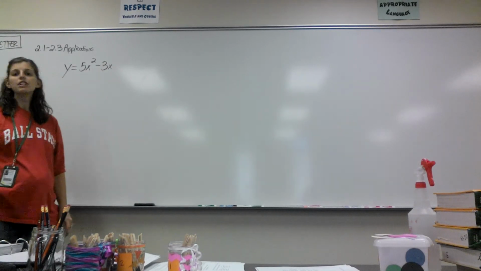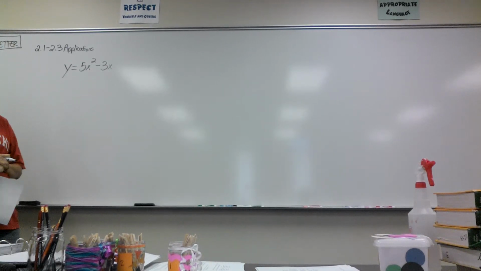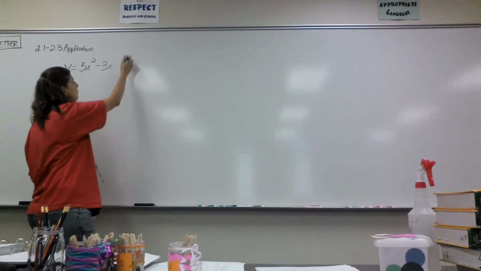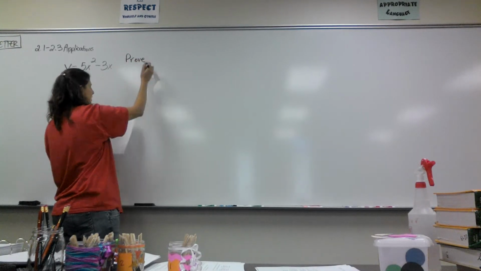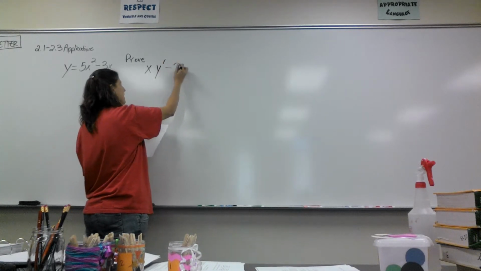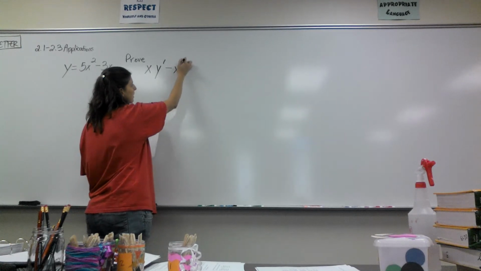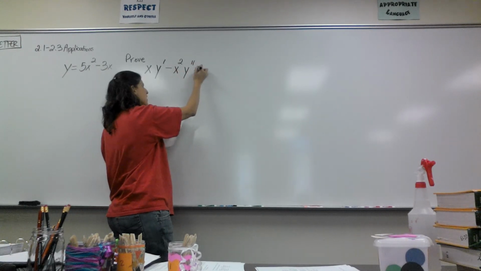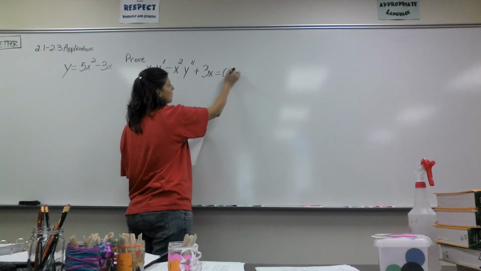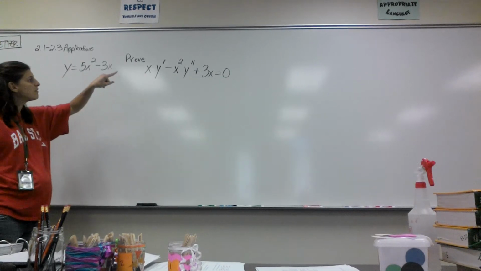If y equals 5x squared minus 3x, prove that x times y prime minus x squared times y double prime plus 3x equals 0. Prove that this y equation satisfies that.